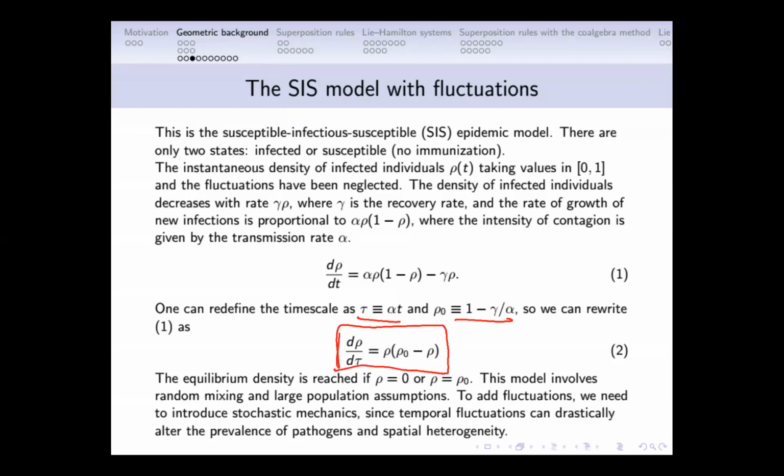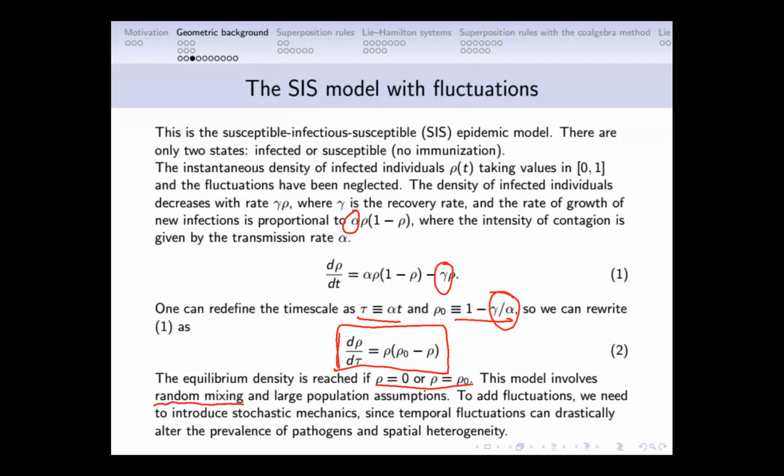Obviously, the equilibrium is reached if rho equals 0 or rho equals rho 0, which is given by this parameter that depends on the recovery rate, and this is the rate for the growth of new infections.